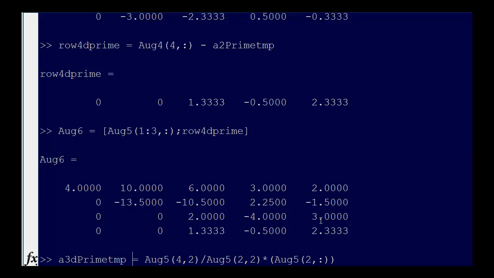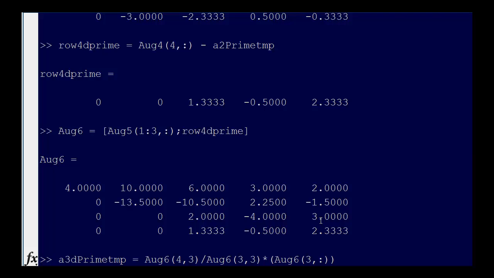A3 D prime temp equals og6 4 2. So we're going to take the 4, and we want the third one, divided by the 3 3 entry, and that's going to be multiplied by og6, and that'll be the whole third column.